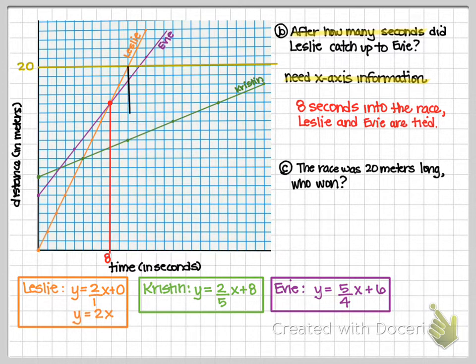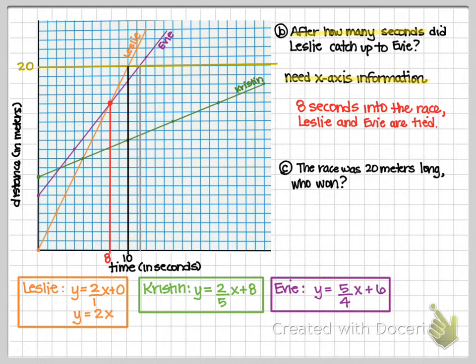So let's take where Leslie is with that line and figure out how many seconds that took her. If this is 2 past 8, it looks like 10. So it took Leslie 10 seconds to finish the race. Let's see how long it took Evie. Right where her purple line hits the yellow, it looks like it's definitely after.